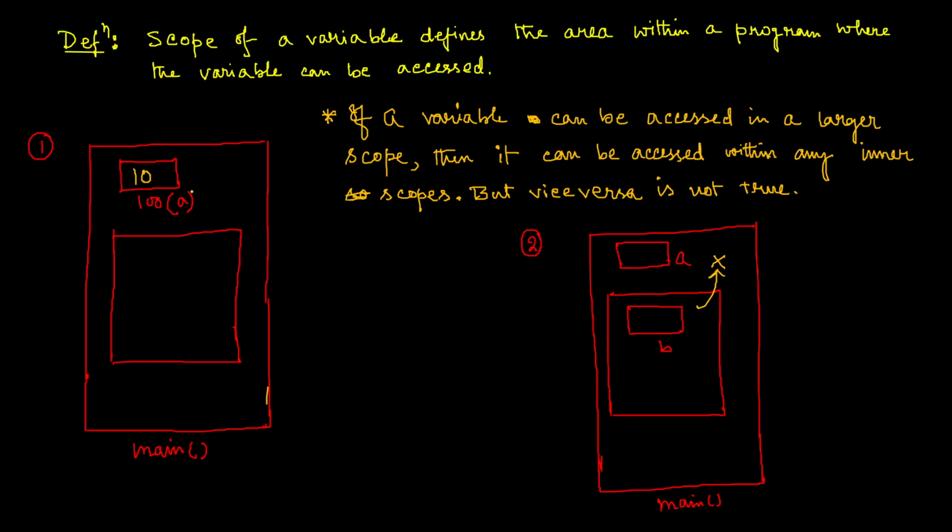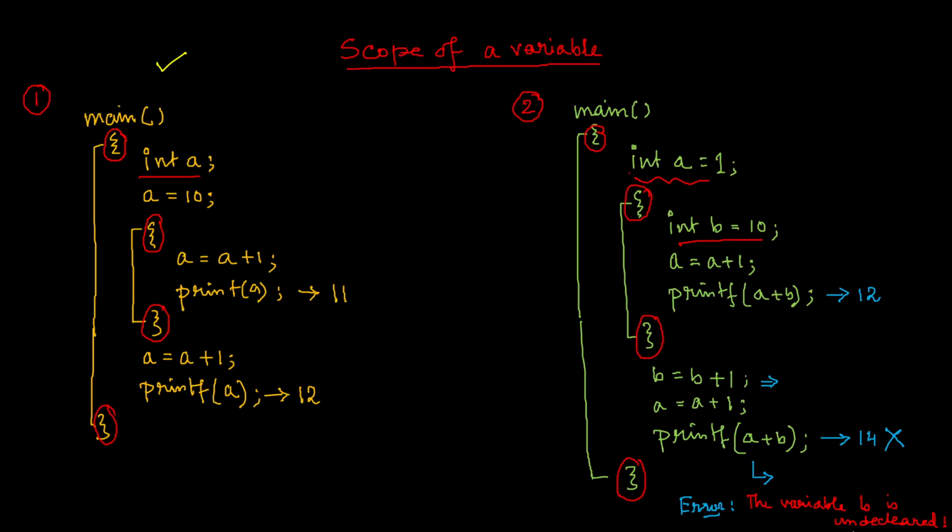But since the other is declared in the outer scope, it is easily accessed within the inner scope. This is a very important difference between declaring a variable and accessing the variable somewhere else. And this is the reason why you will get the error that variable B is undeclared.